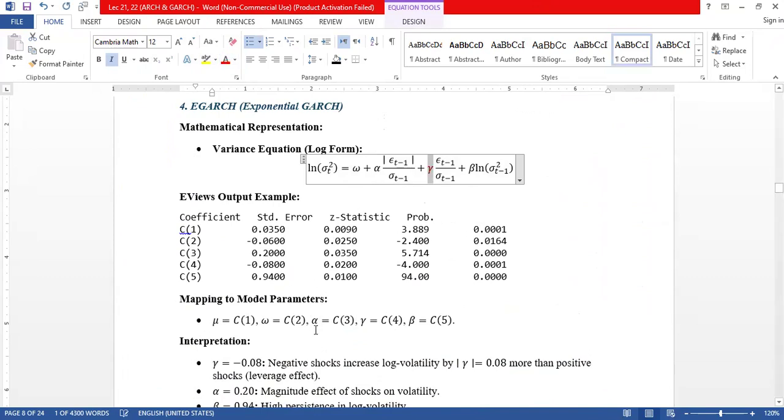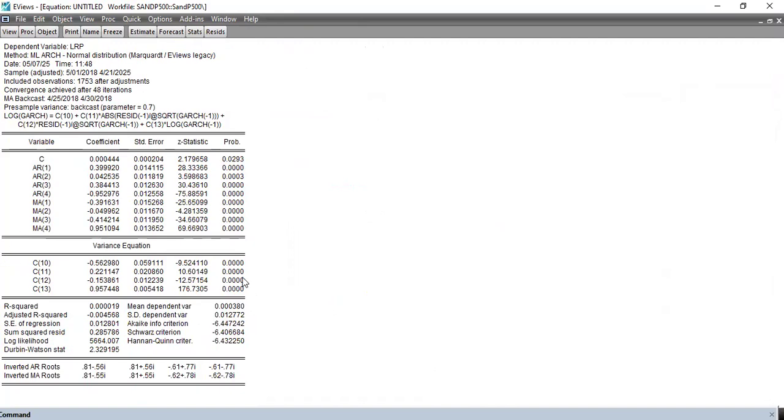Where is gamma? Gamma is C4, the fourth one, and it is negative and significant. What about here? It is negative and significant. So what does it mean? Consult Dr. Marashi and consult your notes. This is an exercise left for the student.